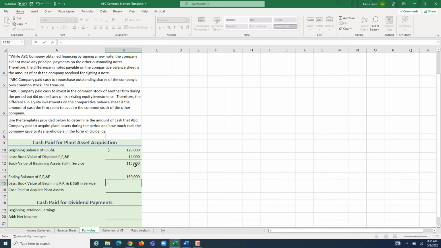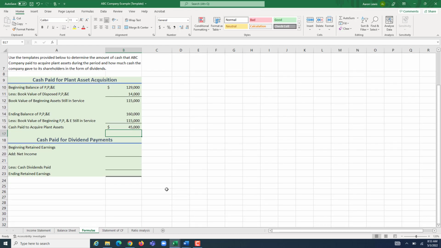All you need to do here is subtract what you began with that is still in service from what you ended up with, and it gives you the amount of cash that you must have paid to acquire plant assets. So ABC Company must have paid $45,000 during the period to buy equipment or to do renovations to their building or whatever it was. They paid $45,000 to acquire or upgrade plant assets.